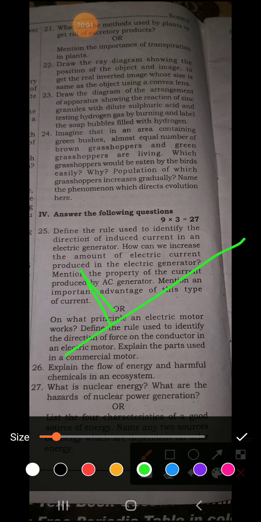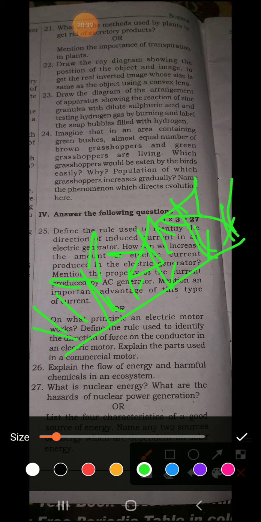Suppose there are green bushes, trees and green bushes everywhere, wherein there are almost equal numbers of brown grasshoppers and green grasshoppers.